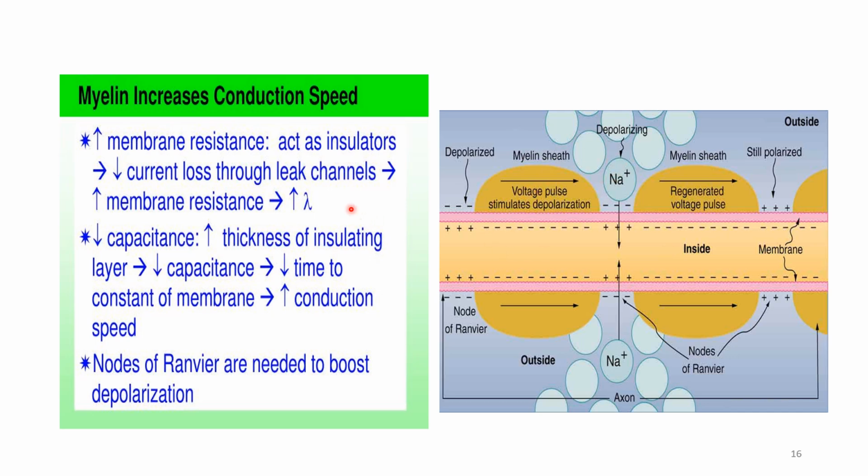It is causing increased lambda by causing increased membrane resistance, and it is decreasing the capacitance, so it is decreasing the tau value. And also our nodes of Ranvier boost up the conduction or depolarization, because at those points only the depolarization will happen. So the signal appears to jump from one node of Ranvier to another node of Ranvier. It is called saltatory conduction.